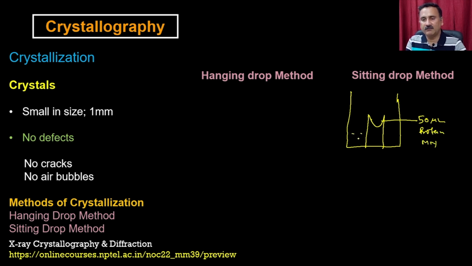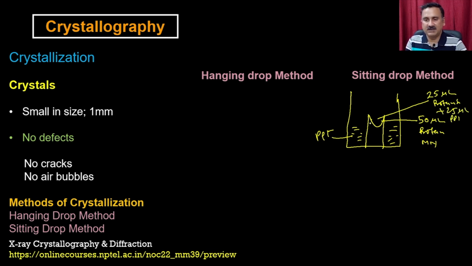Again, you fill the well with the precipitants, whatever precipitant you want to try out. Then, for example, I can place 25 microliter of the protein solution and mix it with 25 microliter of the precipitants.